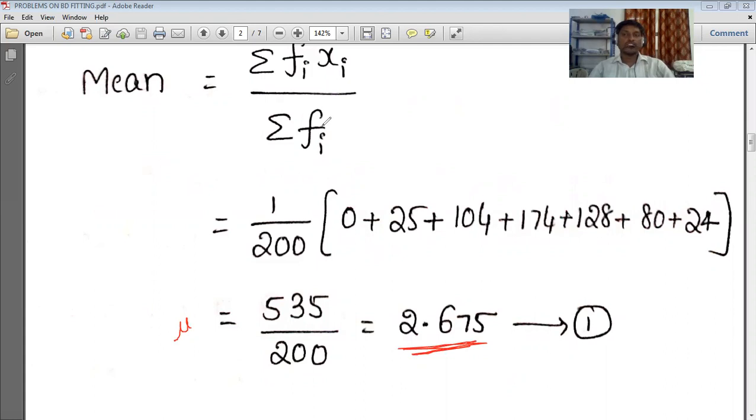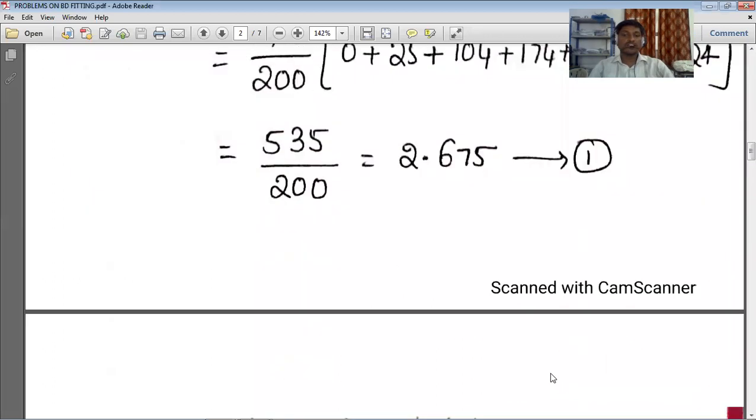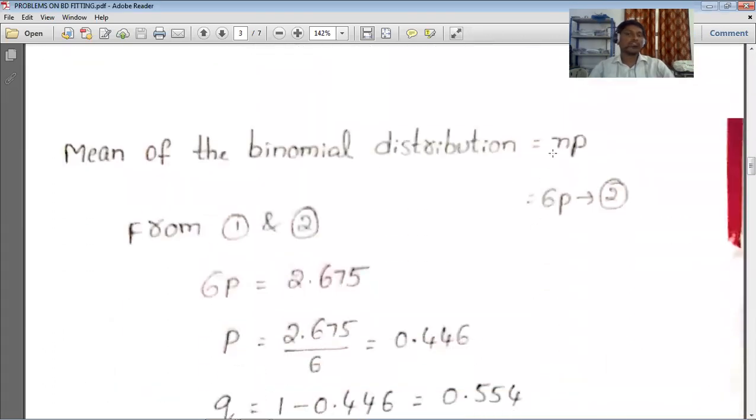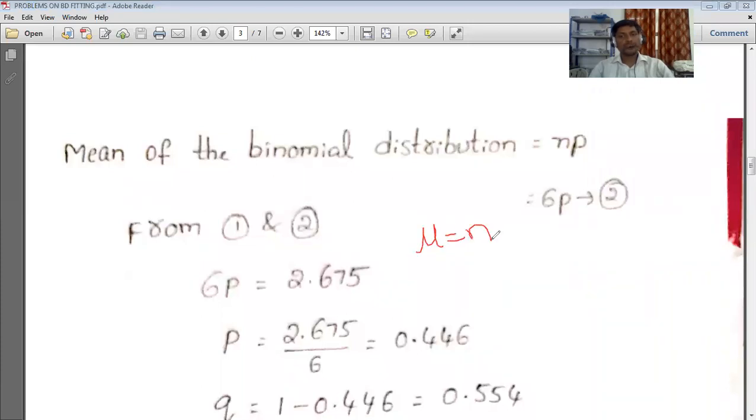Now by using the binomial distribution, we know the mean of the binomial distribution is mu equal to np. n we already know is the number of trials, 6, so the mean is 6p.